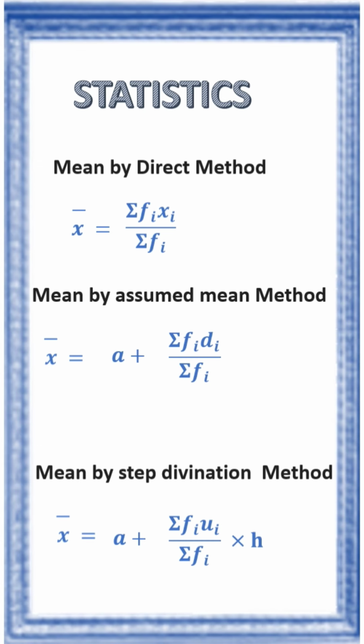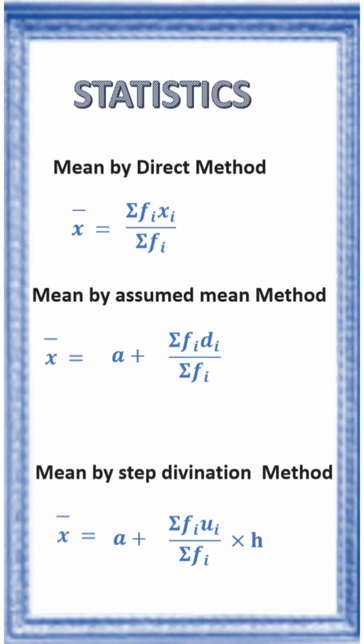Now let us list out all the formulae in the lesson statistics. Mean by direct method: x bar, that is mean, is equal to summation of fi xi upon summation of fi. Mean by assumed mean method: x bar is equal to a plus summation of fi di upon summation of fi.